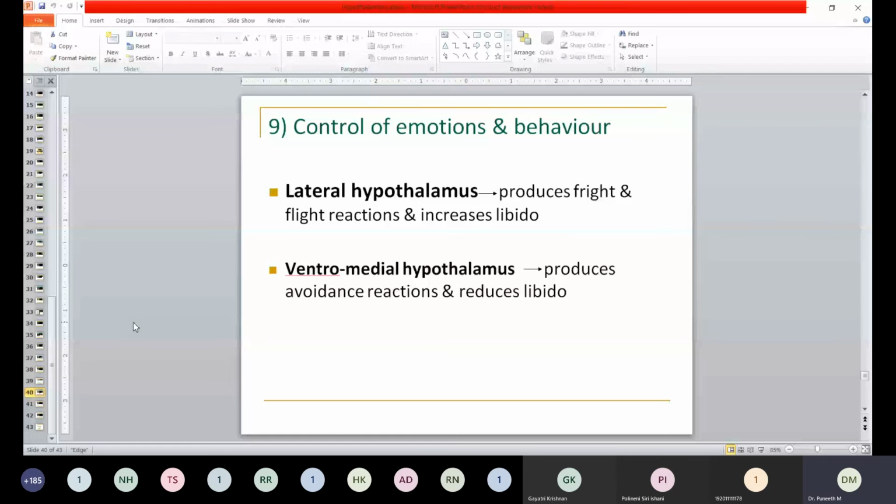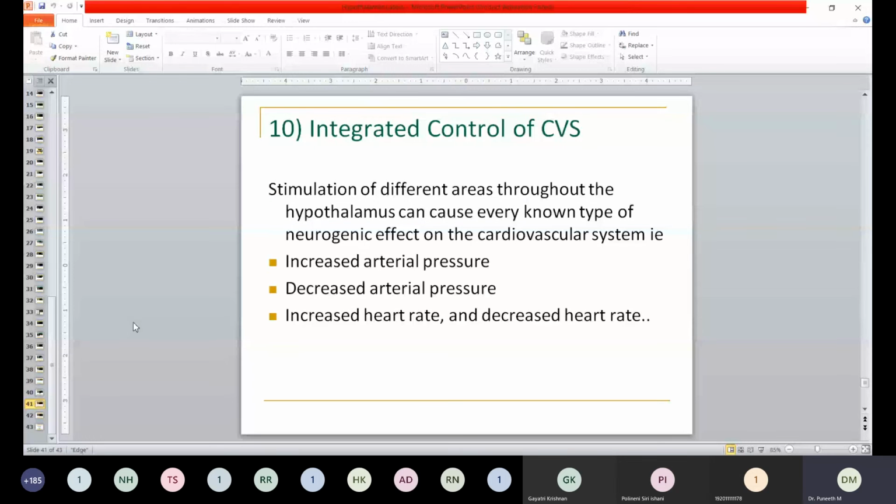The next and last function of the hypothalamus is the integrated control of the cardiovascular system. Stimulation of different areas of the hypothalamus can cause every known type of neurogenic effect on the cardiovascular system. If you go on stimulating different areas which control the cardiovascular center, you will see different effects.